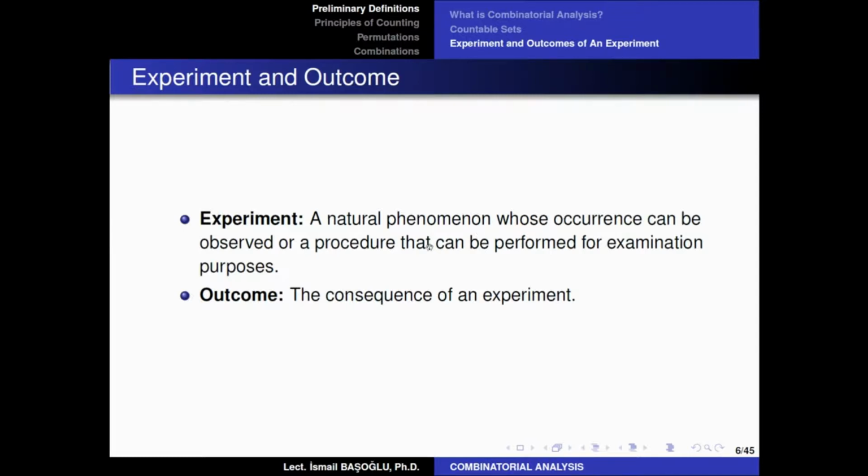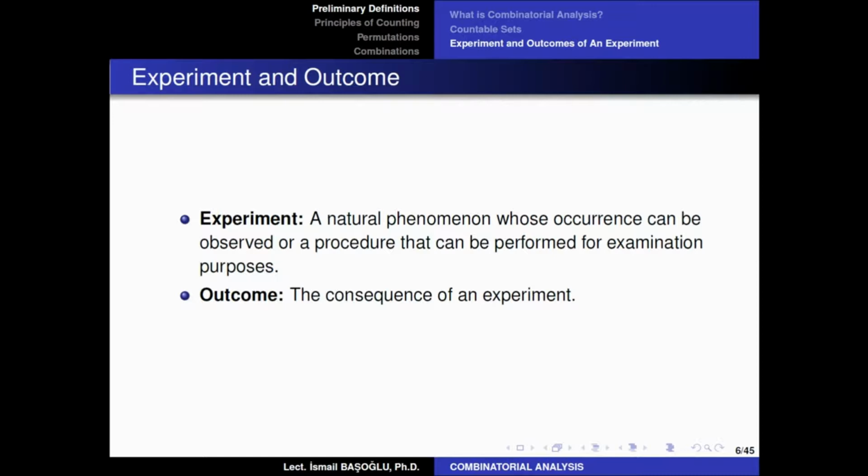If it is going to rain or if it is going to be sunny, we can observe these natural phenomena. Or it can be a procedure that we can perform. Let's imagine this situation. We are solving a test which consists of 20 questions. This is an experiment. We are trying to solve these 20 questions, and our purpose can be to learn how many questions we are going to be able to solve correctly out of 20.